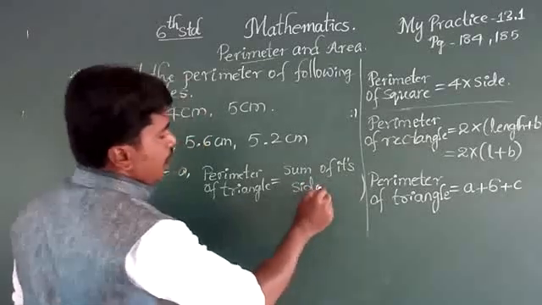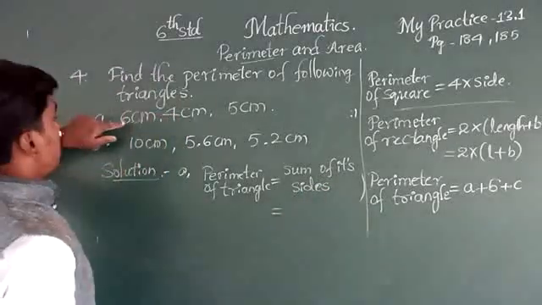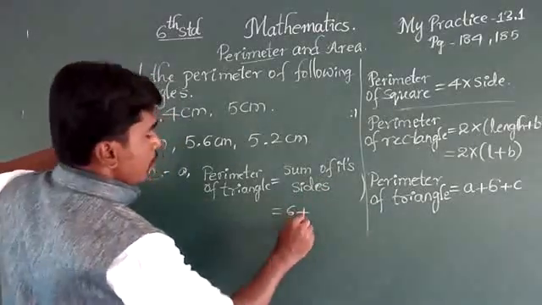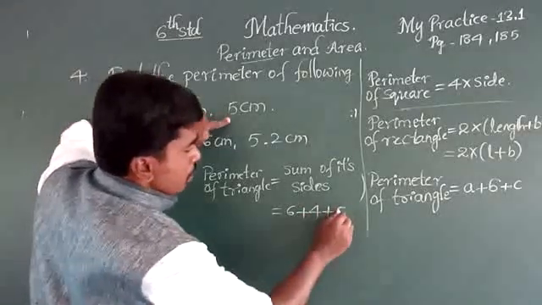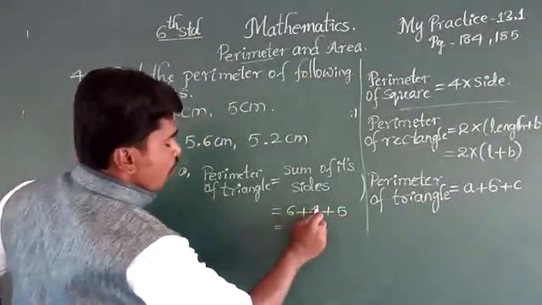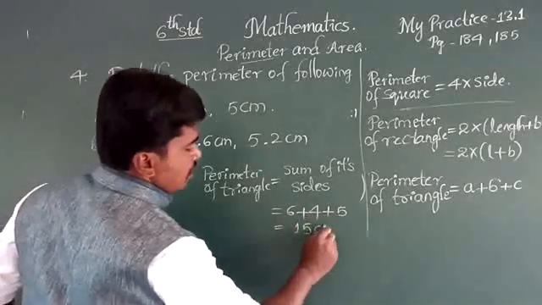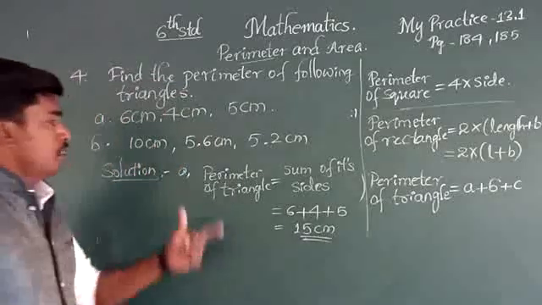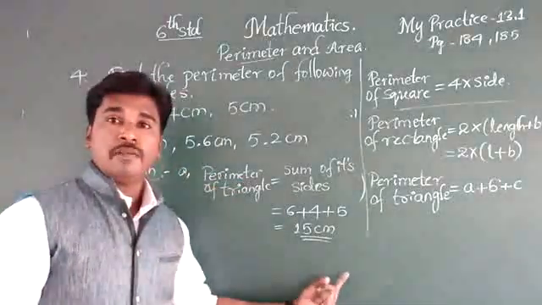How many sides are there in the triangle? There are 3 sides. So the sides are 6 centimeter plus 4 centimeter plus 5 centimeter. So 6 plus 4 is 10. 10 plus 5 is 15. 15 centimeter. The perimeter of the first triangle is 15 centimeter.